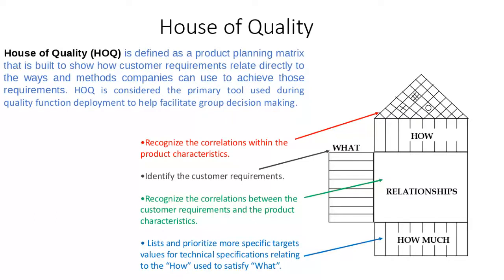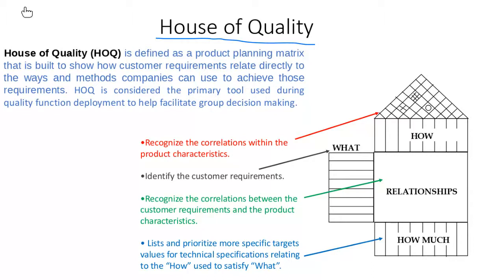And today, inshallah, we'll talk about the second part of the QFD chapter, Quality Function Deployment. Today we'll talk about the major tool used in QFD, which is the House of Quality. House of Quality is considered to be the primary tool used in quality function deployment.